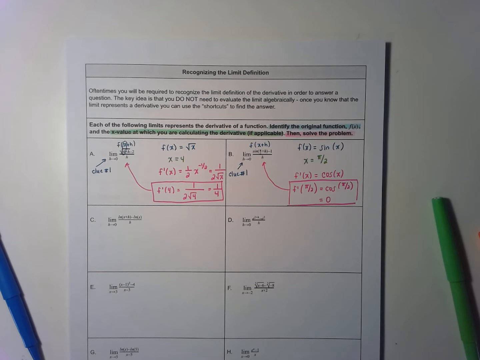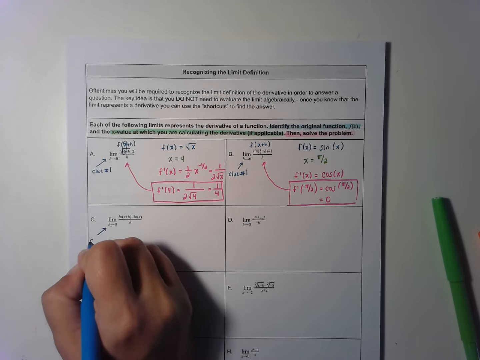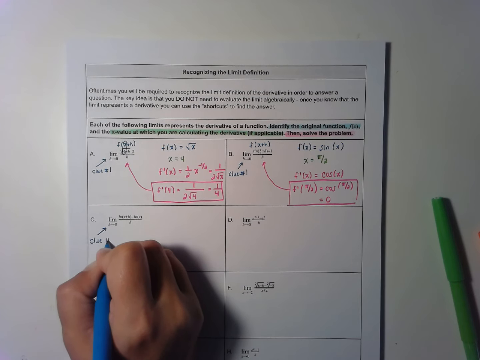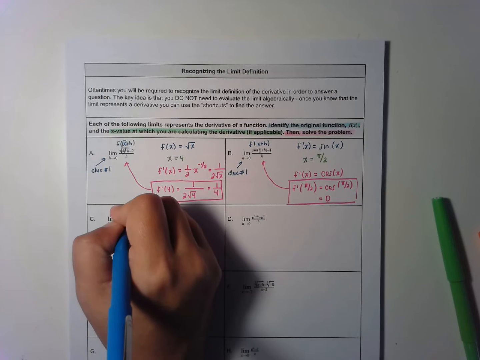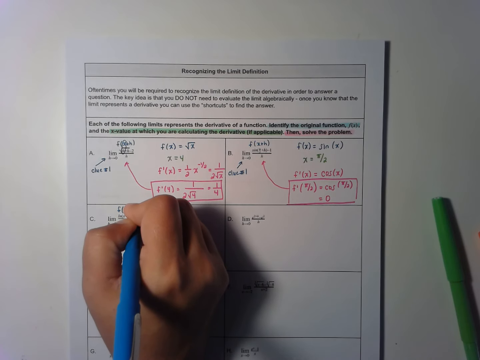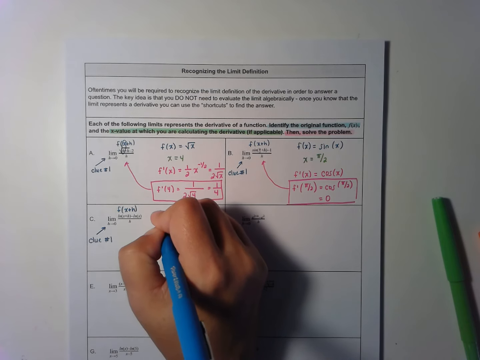For part C, again, my clue that this is going to be a limit that represents a derivative is that h is approaching 0. So I'm going to look at kind of that first term to figure out what's happening here. It looks like my f of x function is going to be natural log.